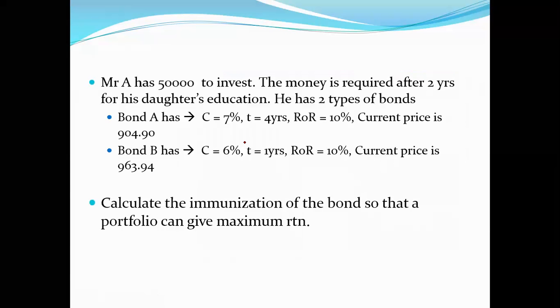Okay. So basically, this problem was on bond immunization that we discussed last time. This is where we had stopped. And I had to tell you how we calculate the immunization strategy. I explained that the first step, whenever we calculate immunization, is definitely to calculate the duration of the two bonds.